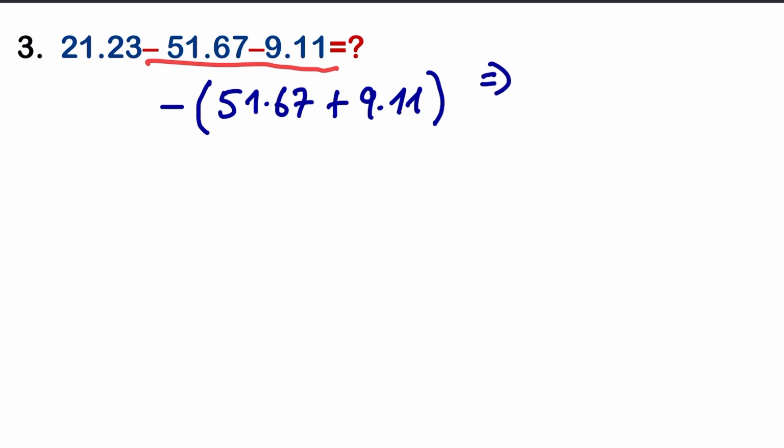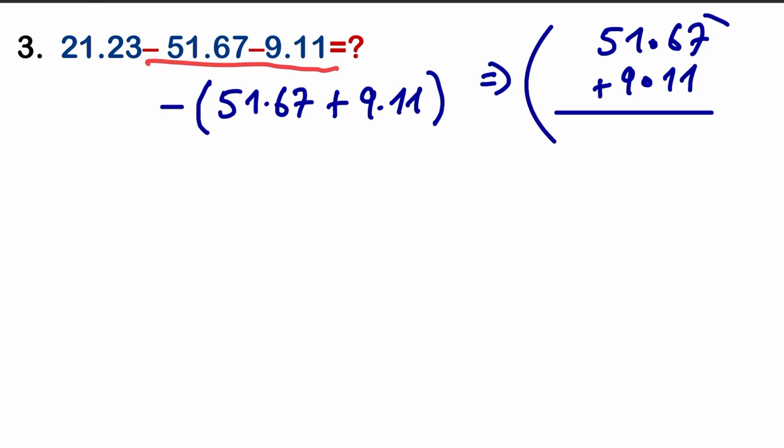If we add this together, 51.67, with the decimal points on the same line, and 9.11. So we are going to add, don't forget the minus out of the bracket. Here we are going to have 8, 7.10 and carry 1, 6. And we have our minus here.